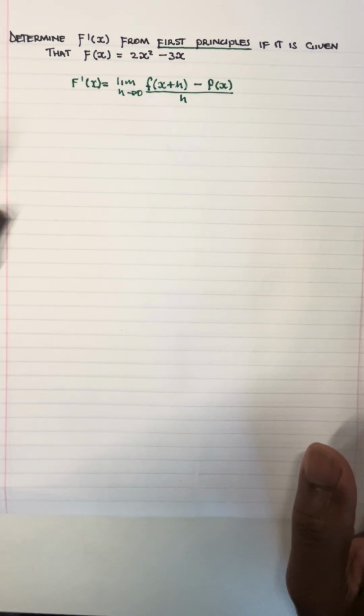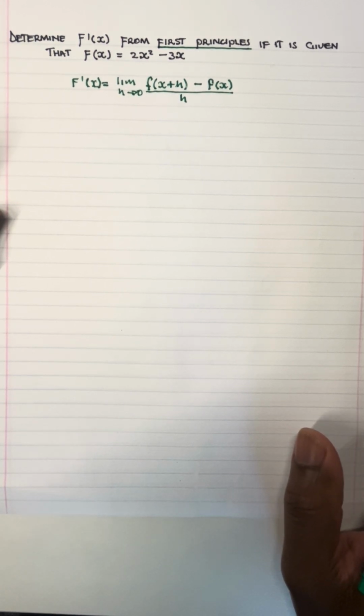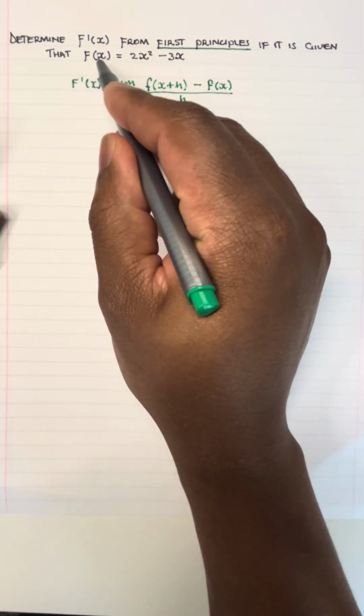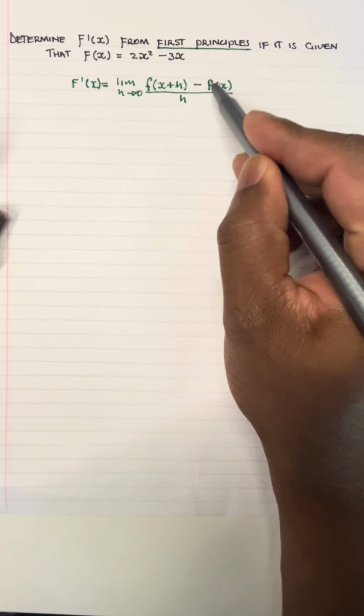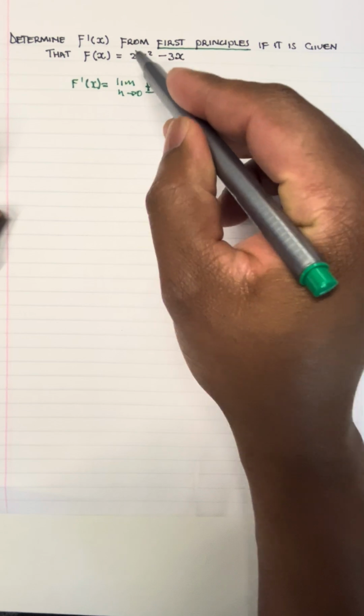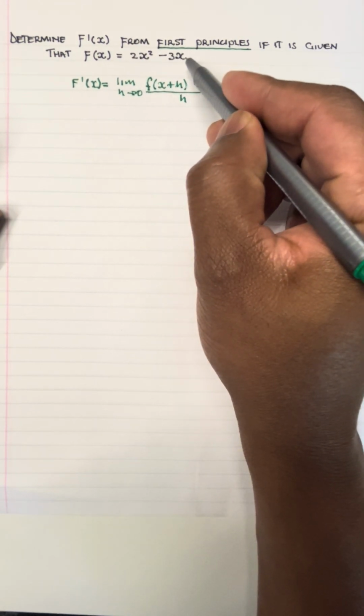Okay, now what are we given and what should we be looking for? Now we're given f of x. So this f of x over here, you're going to put it in the equation as it is, I mean the 2x squared minus 3x.